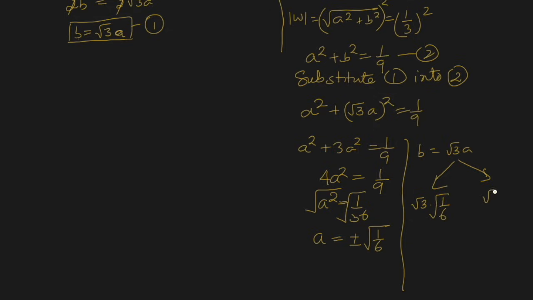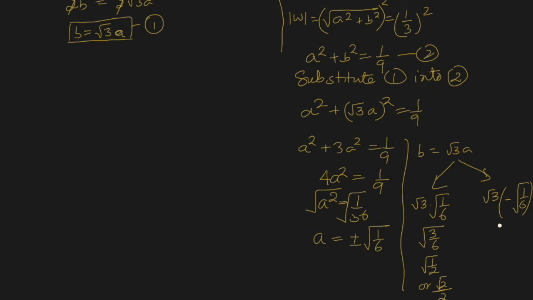Second one, square root 3 times minus 1 over 6. So those can multiply, so it gets square root 3 over 6, which is 1 over 2 square root 3, or square root 3 over 6. Okay, there are so many ways. So let's write this as square root 3 over 6.